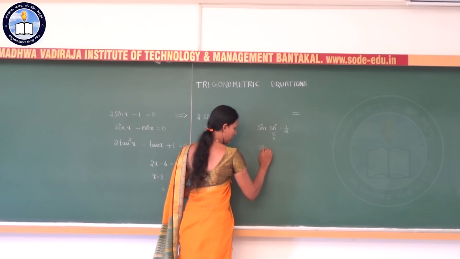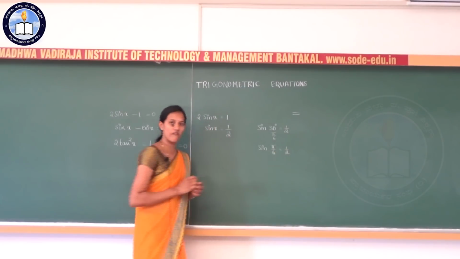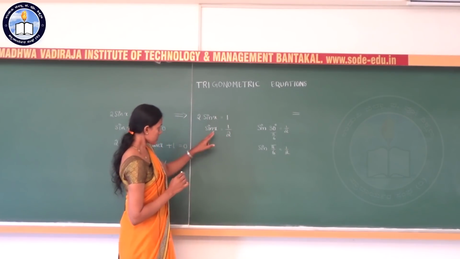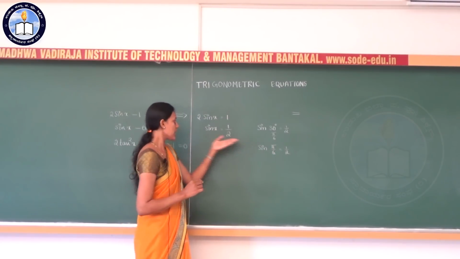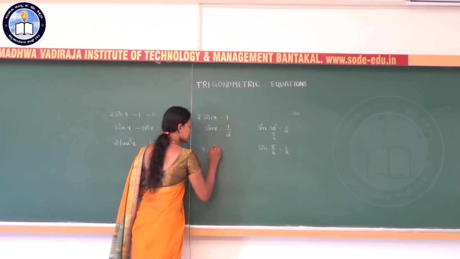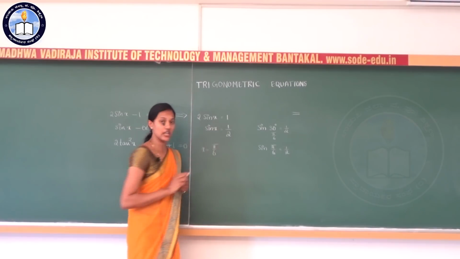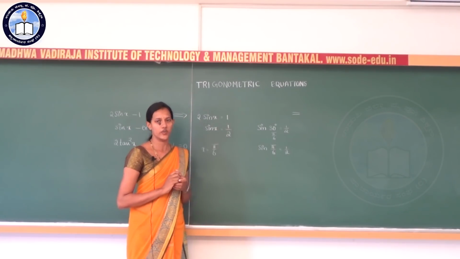So, sin of pi by 6 is half, 1 by 2. So, in the place of x, if we substitute pi by 6, the equation is satisfied. Therefore, x is equal to pi by 6 is a solution of this trigonometric equation.